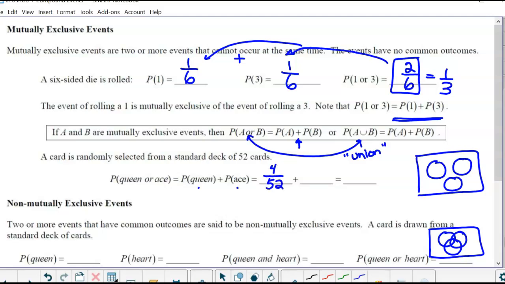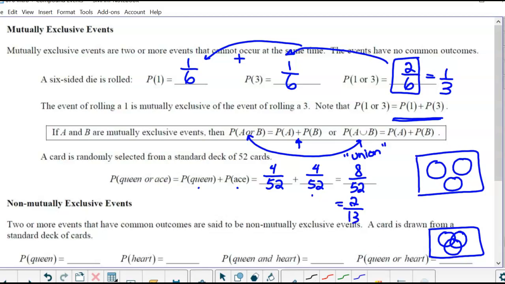And how many aces? There's 4 out of 52. So that adds to 8 out of 52, which you can reduce. You can reduce these ones too if you want. 4 goes into that twice, into this 13 times.